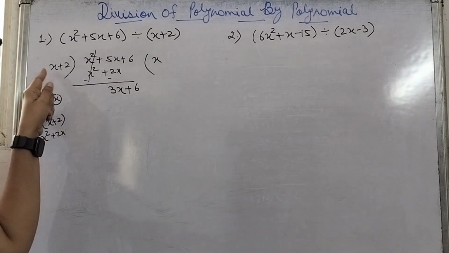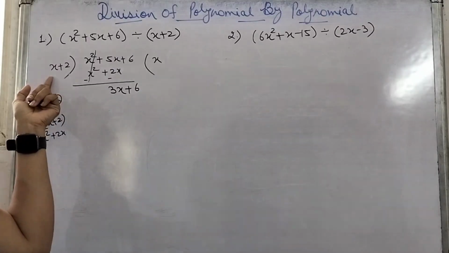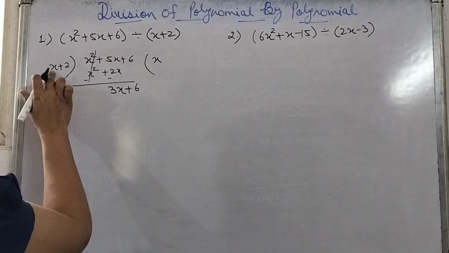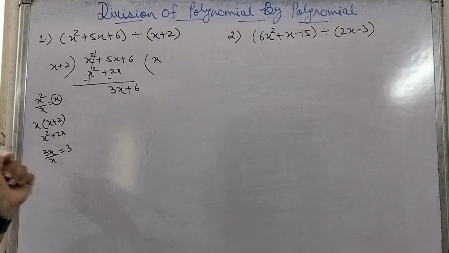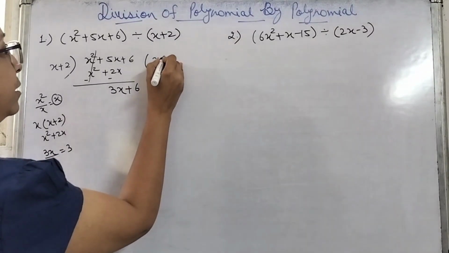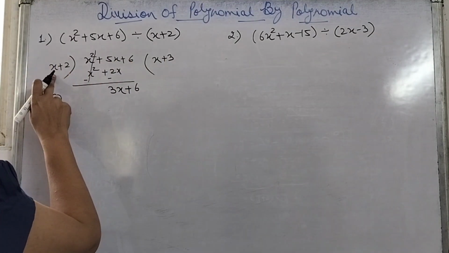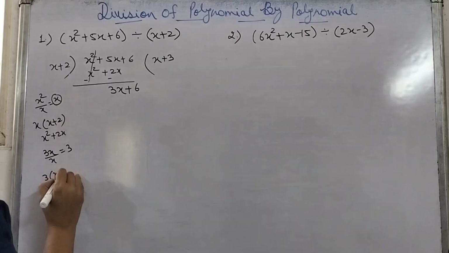Now again we will divide the first term of the dividend by the first term of the divisor. So if we divide 3x by x, we get 3. The quotient will be 3. So we will write here plus 3. Now 3 will be multiplied by the whole divisor, that is x plus 2. So 3 multiplied by x plus 2.